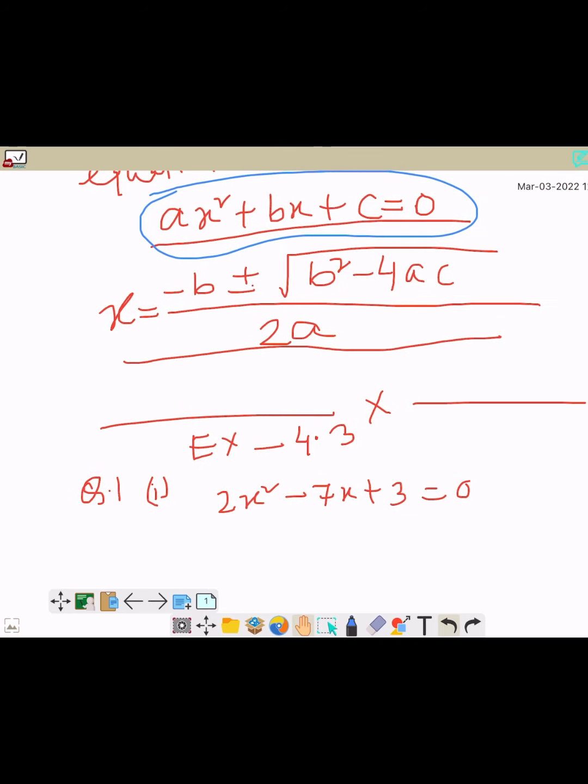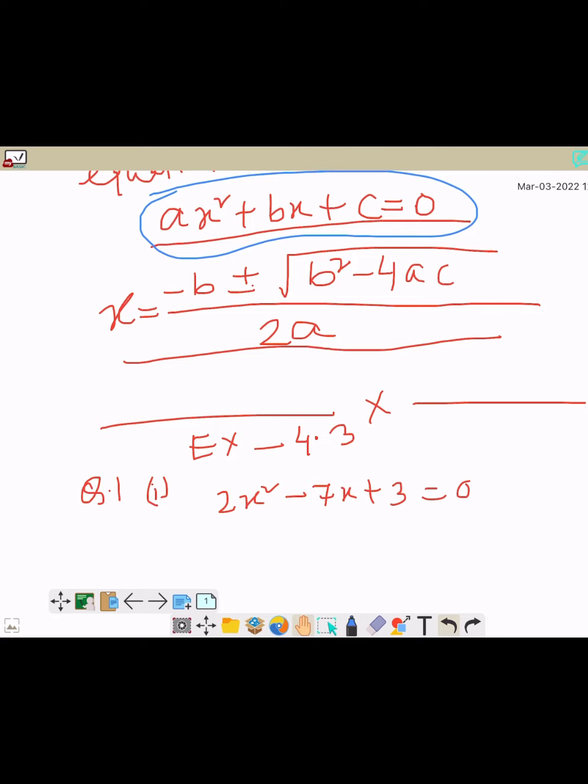What is attached with x square, that is a, what is attached with x, that is b, and what is without x, that is c. In our example the term without x is 3, so c is equal to 3.